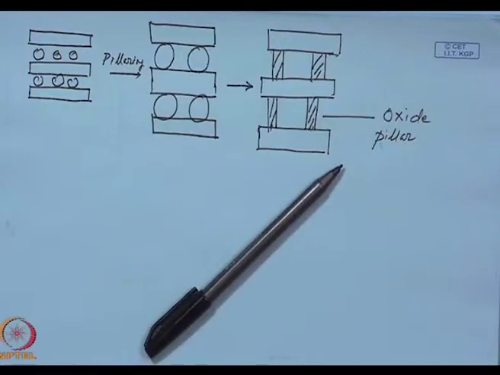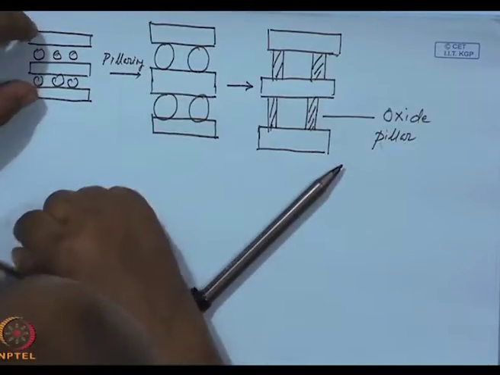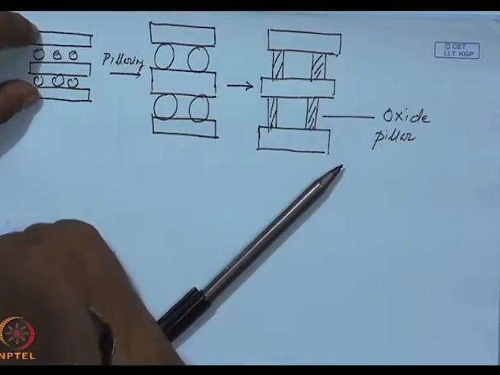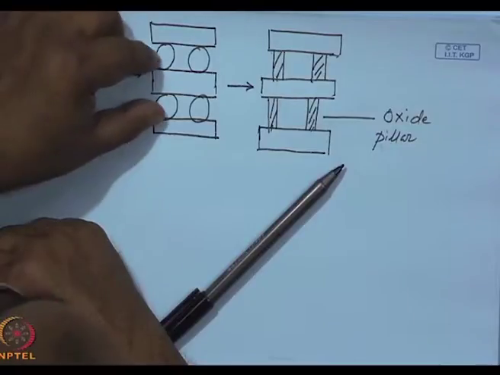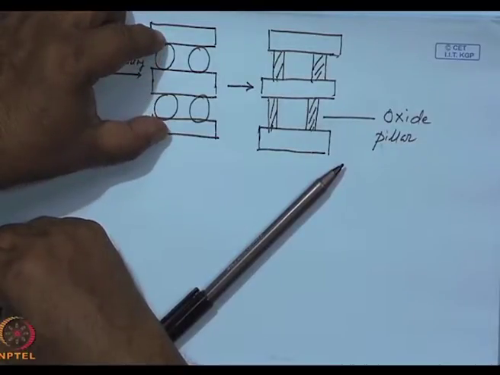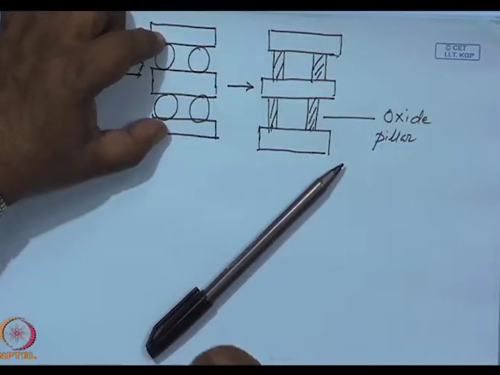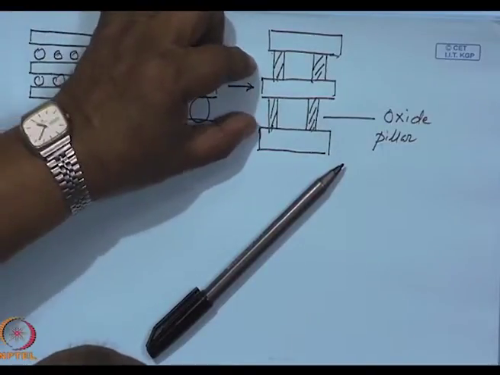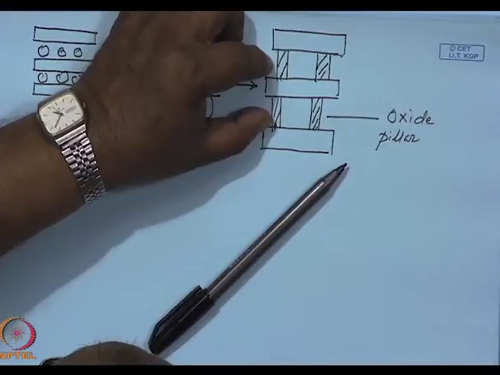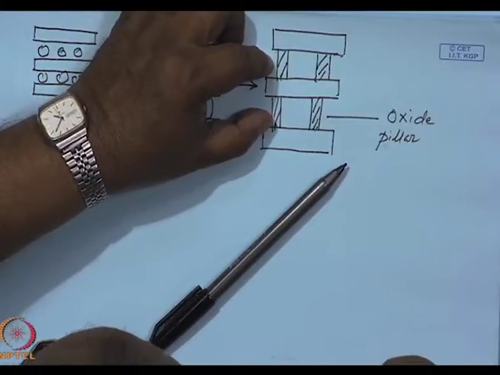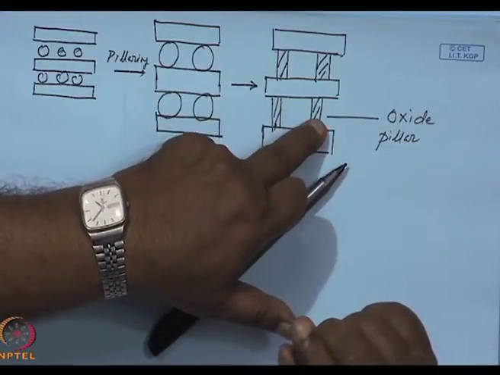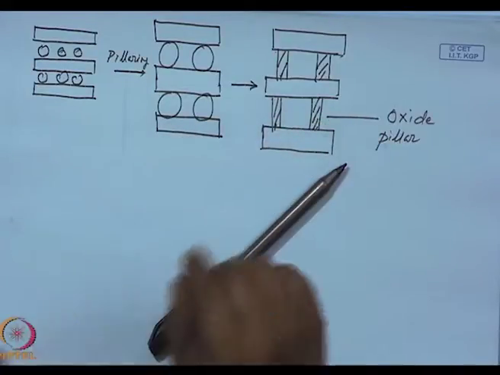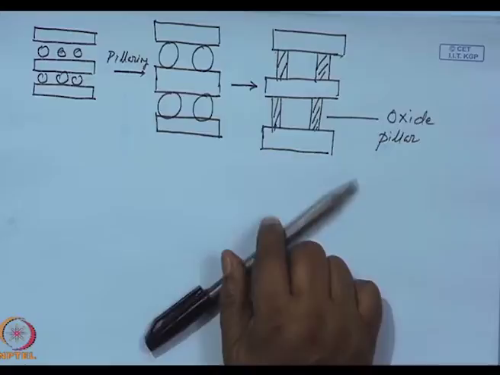here what I have done, I have taken the clay as it exists. I have increased the spacing between the clay layers, and then I have put in other oxide materials between these two layers and formed oxide pillars.